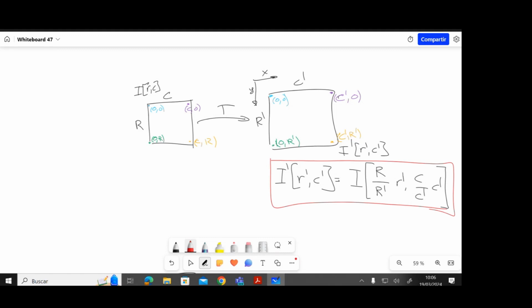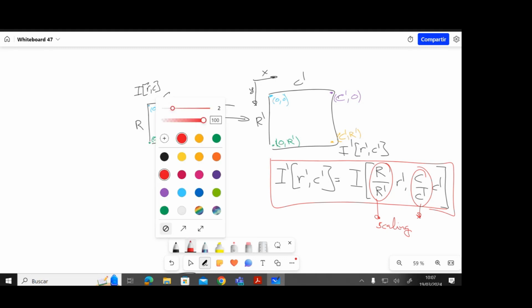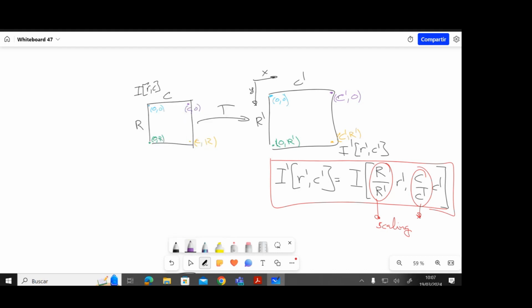So what we are simply doing is you take the coordinates in the output space, you multiply by a scaling factor, and then you get the coordinates in the input image. This is an R, C coordinate.